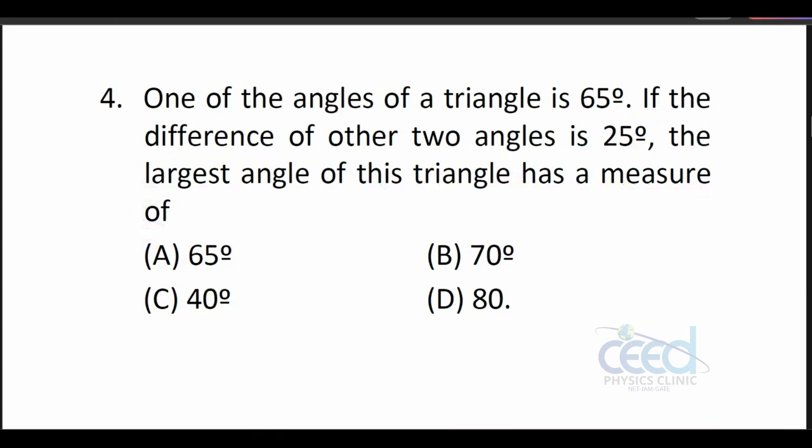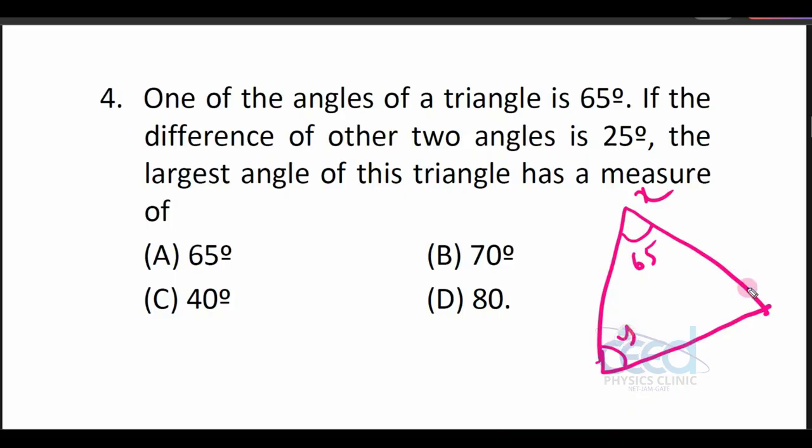right? See, one triangle is given, right? Then one of the angles they have given 65. Okay, this is angle x. Now what they have given is the difference of the other two angles. That means this is y, this is z. Y minus z they have given 25.